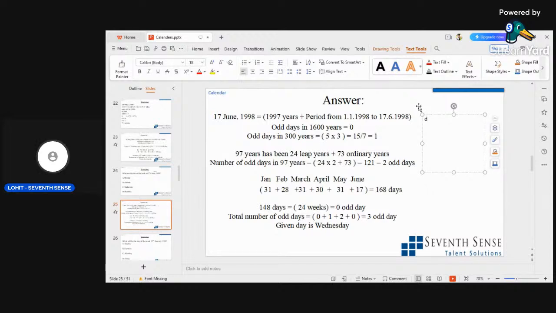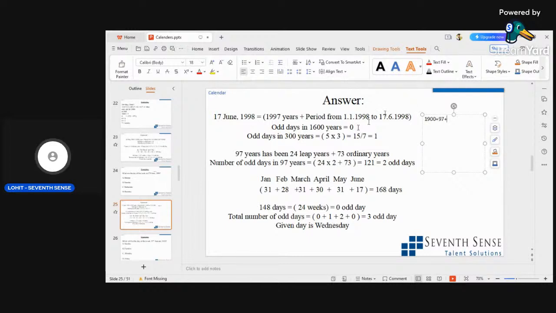In 1997, we are going to divide it as 1900 plus 97. And the rest is from 1/1/1998 to 17/6/1998. How many odd days?